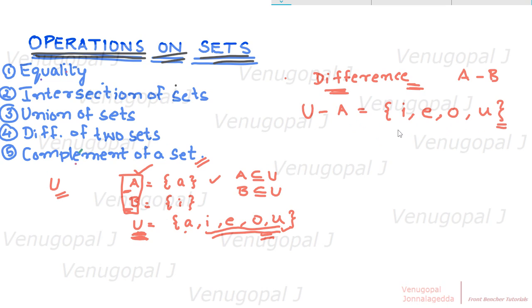And this set of all elements forms the complement of the set A. So when you say complement of a set, of any set, you have to subtract that particular set from the universal set. Just remember that.